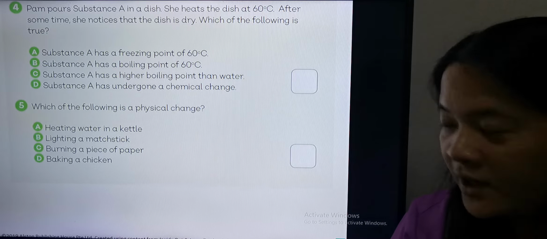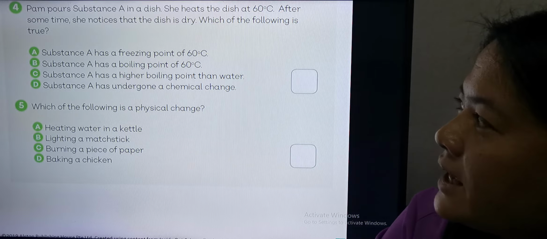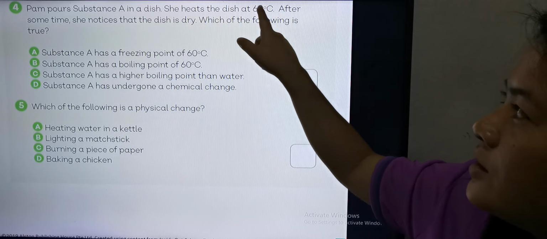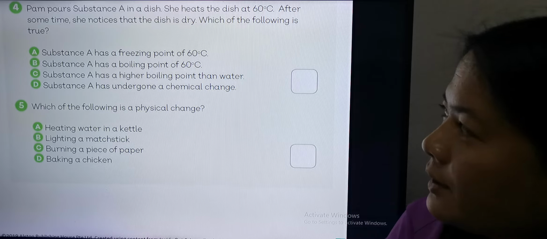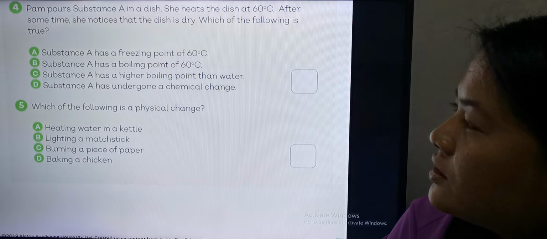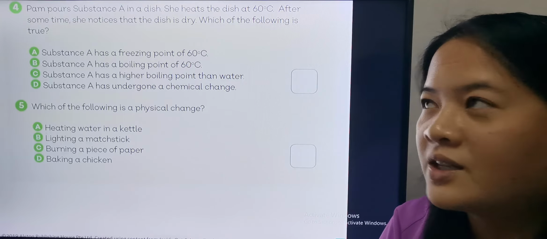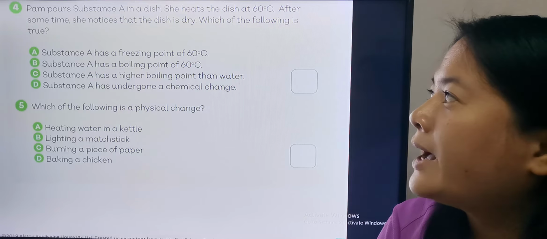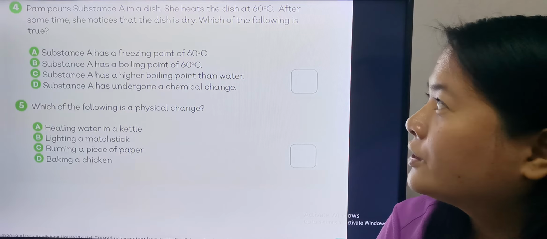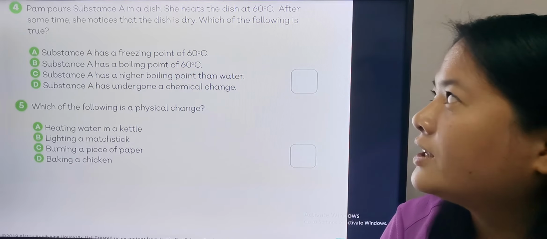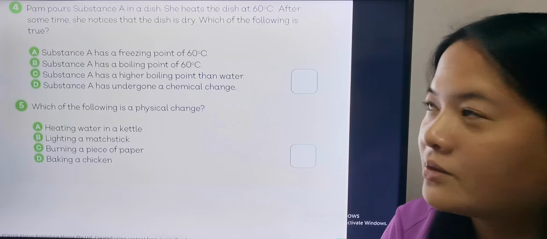Okay, number 4. Pam pours substance A in a dish. She heats the dish at 60 degrees Celsius. After some time, she notices that the dish is dry. Okay, which of the following is true? So Pam pours substance A, it didn't say water, substance A in a dish, and then she heats the dish at 60 degrees, okay?